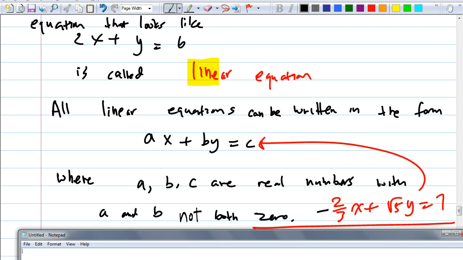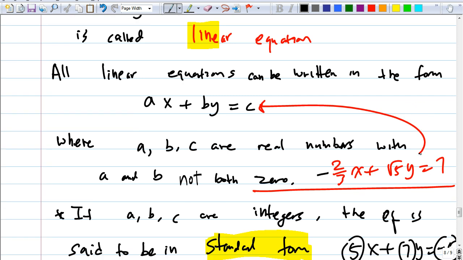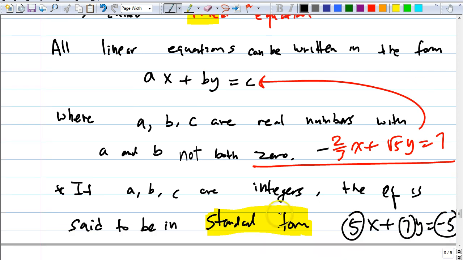Anybody know what that's called? Not slope-intercept. It's called standard form, correct. Integers are like, let me write it up here: 0, 1, 2, 3, and also you could have -1, -2.